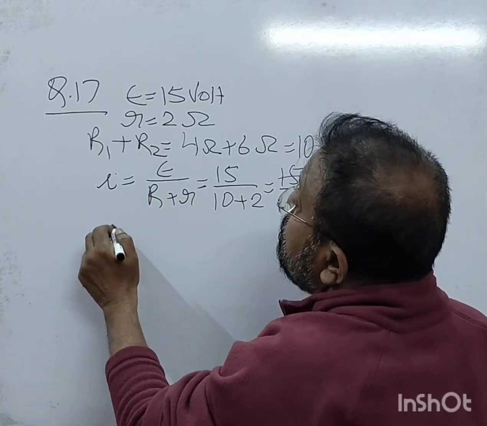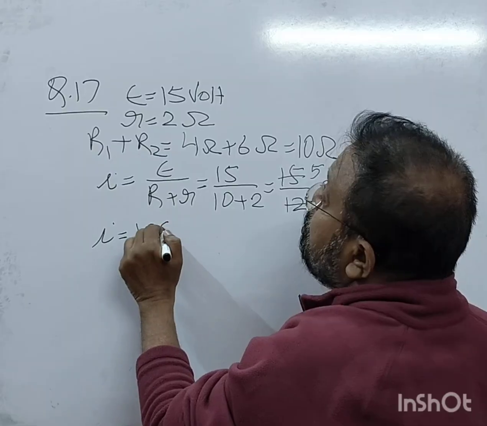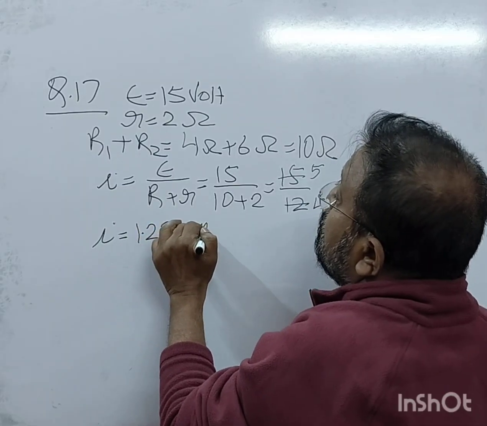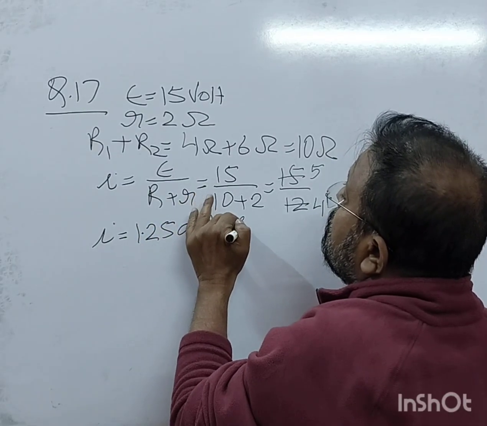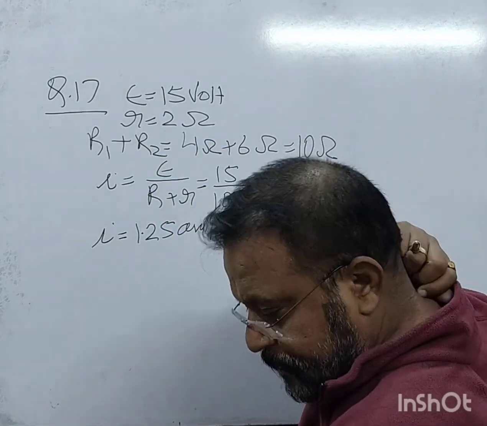So I is equal to 1.25 ampere. Right? Now current when they are in series.